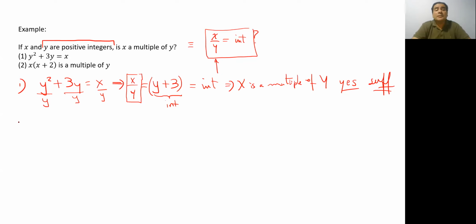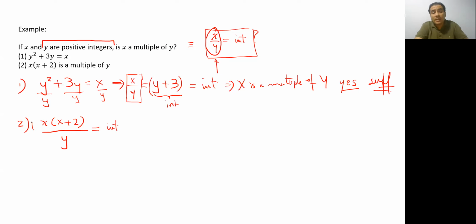Okay, so let's now check statement 2. Statement 2 says that x times x plus 2 is a multiple of y. Well, what does it mean? That x times x plus 2, when divided by y, should yield an integer. But the purpose we have is to check what this quotient looks like.